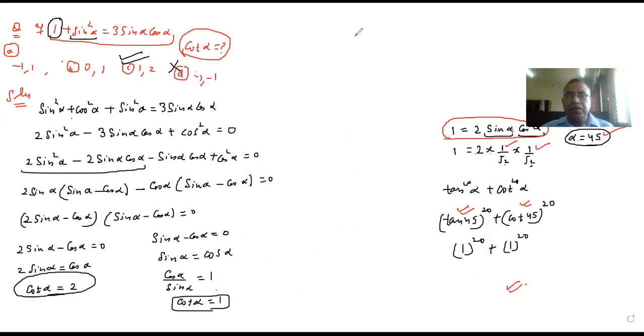Because in this question, I can't do anything with sine square alpha, and I can't do anything with 3 sine alpha cos alpha. I can do only something with 1. So I have written 1 as sine square alpha plus cos square alpha, because sine square theta plus cos square theta is equal to 1. Then 1 plus sine square alpha is equal to 3 sine alpha cos alpha. I have solved the things.